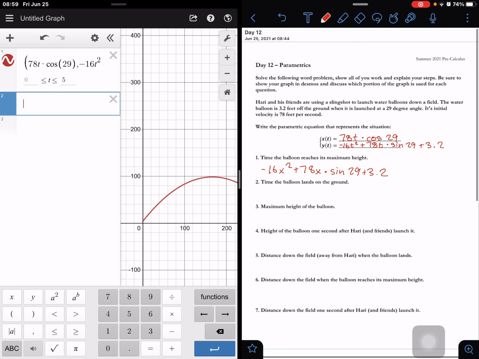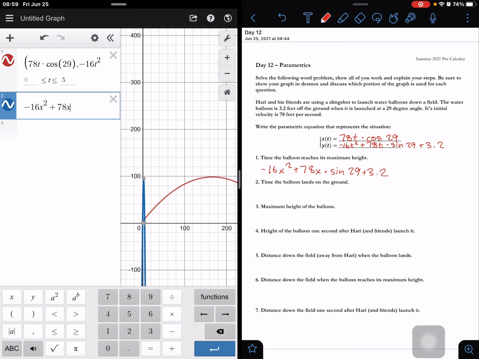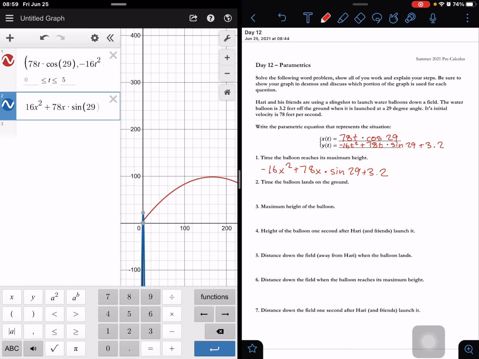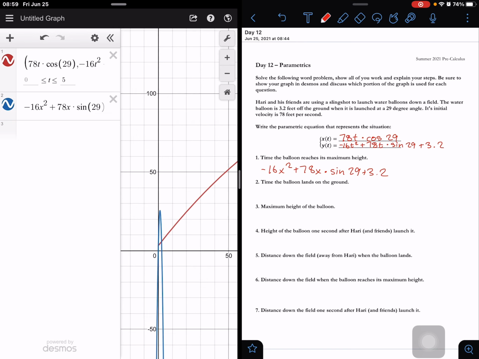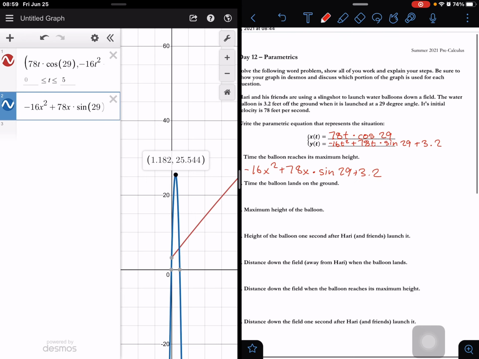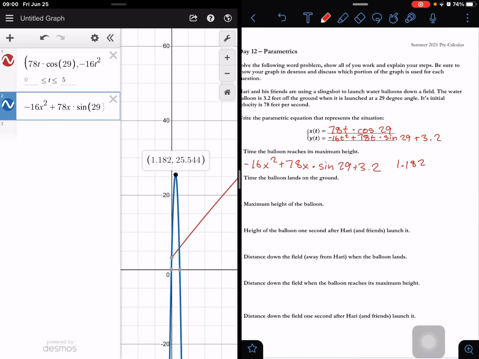If we put that in Desmos, we can see that the time the balloon reaches its maximum height is 1.182 seconds.